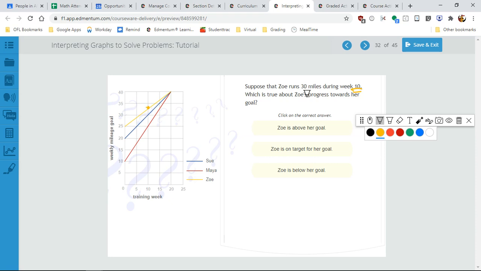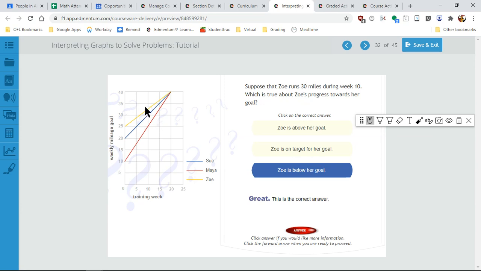If I look at that, Zoe is over here. So she's running as much as she should be running. So there's a gap there. Zoe needs to start running a lot faster. So she is below her goal, because the point I picked was lower than the point she wanted to be at.